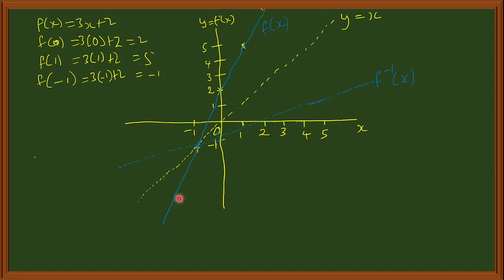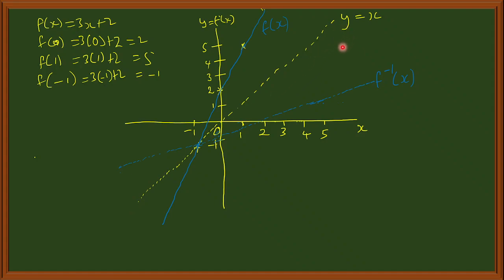And now to draw the graph of the inverse of f of x, that is f to the power of minus 1 of x, I needed to have this line y equals x. So the relationship between a function and its inverse is that they are a reflection of each other in the mirror line y equals x.